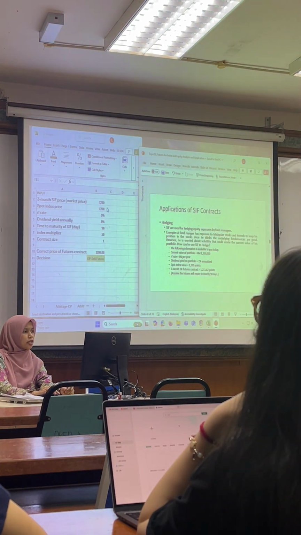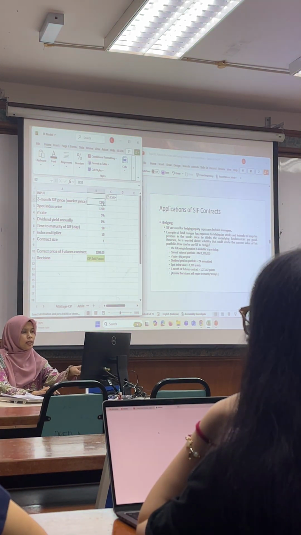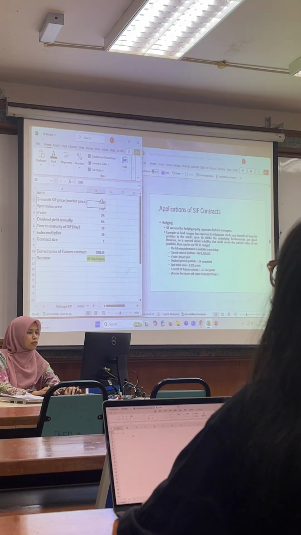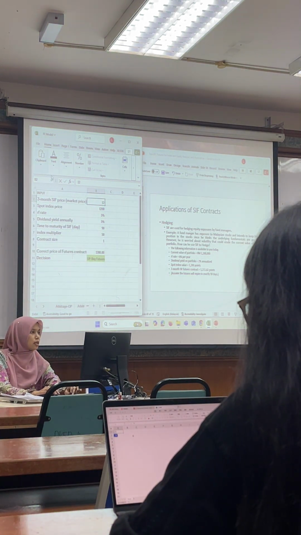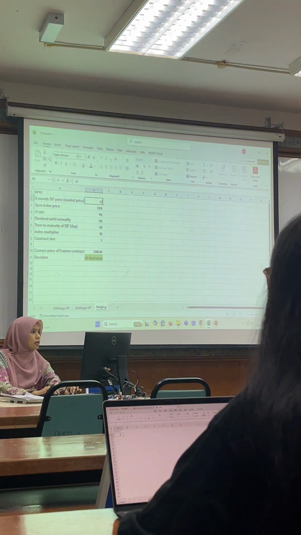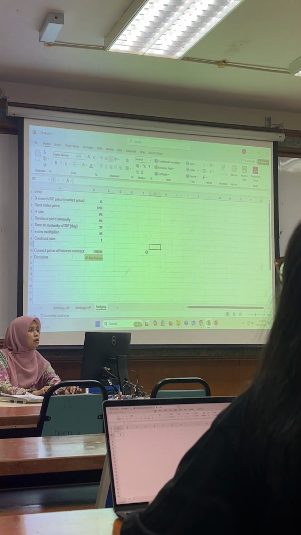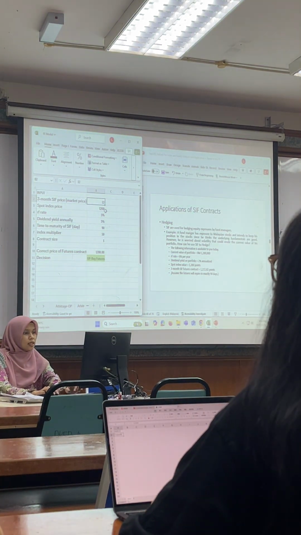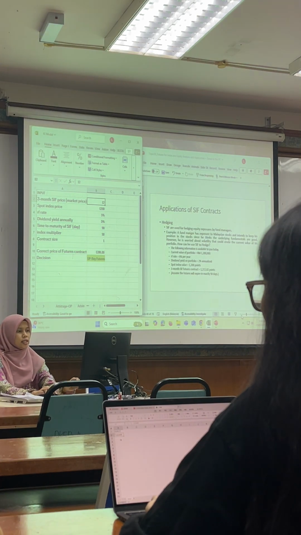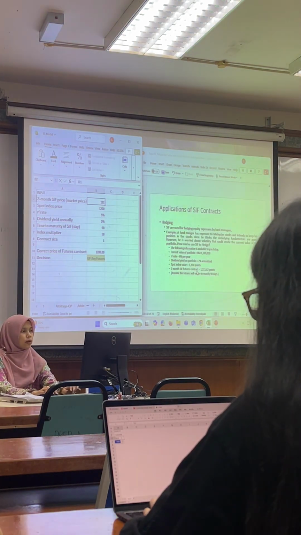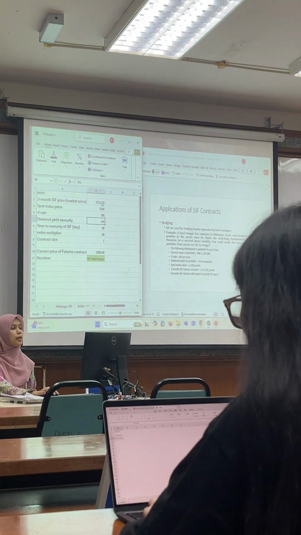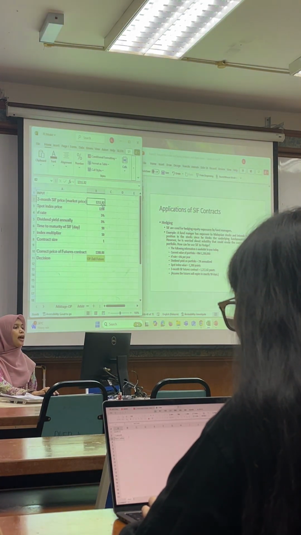So the 3-month stock index future will be here. It will be 1,200. Stock index futures, so 1211.82.